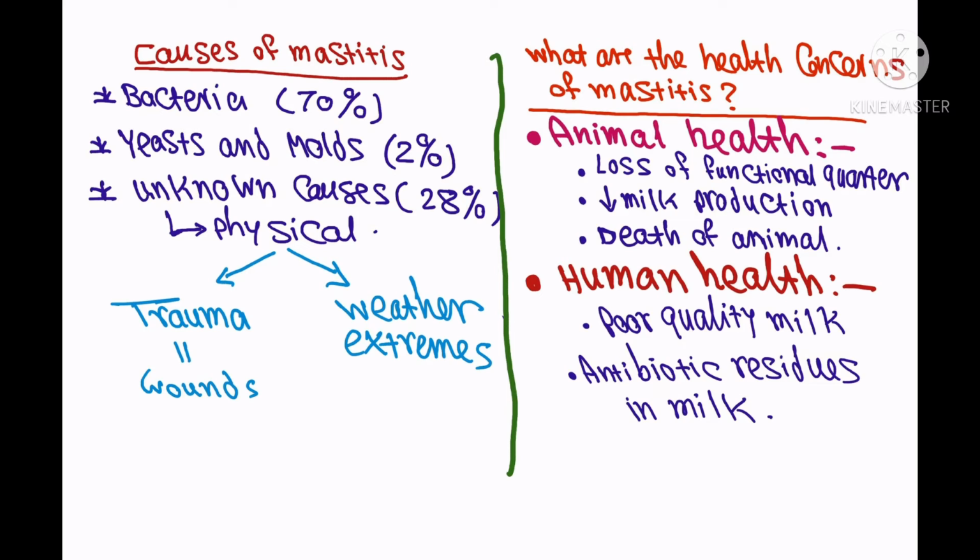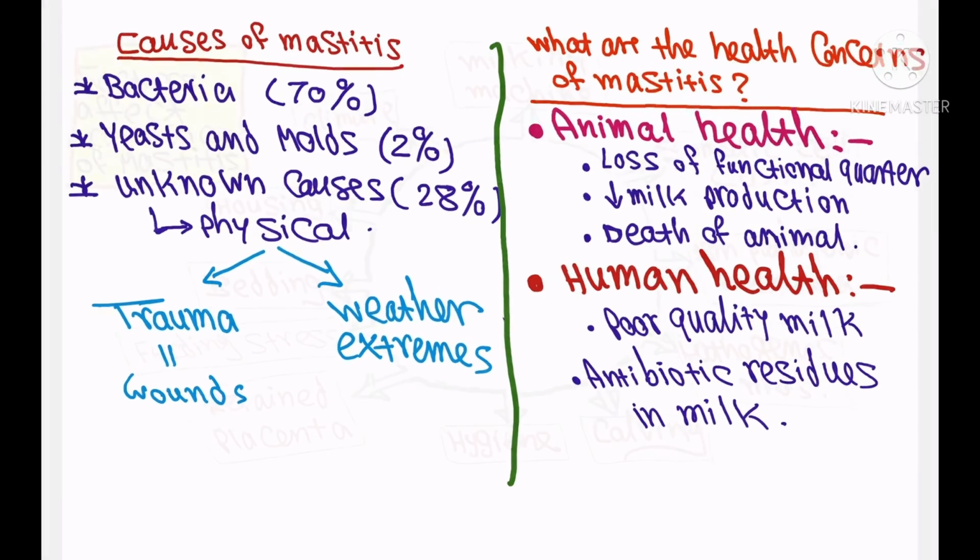Mastitis affects human health by producing poor quality milk, through the presence of antibiotic residues in milk. So the affected animal must be treated early, or prevention must be applied against this disease in the farm.